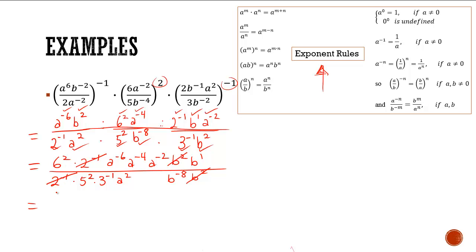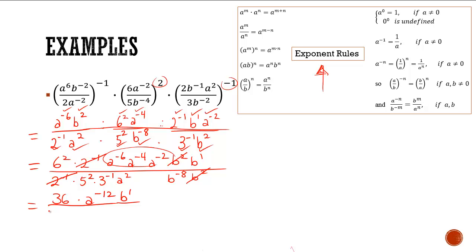So we've got 6 squared, which is 36. And then we've got times a to the -6 minus 4 and -2. That gives us -12. And then we've also got b to the 1.